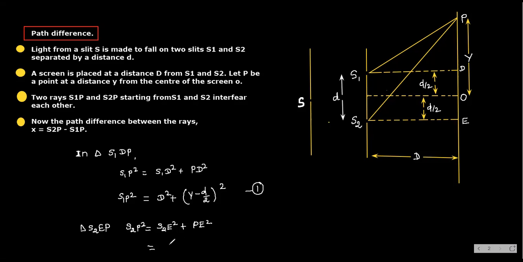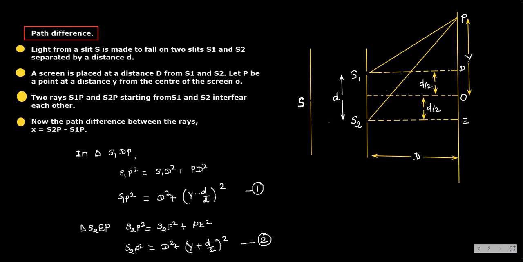So S2E is again D. So here it is capital D square plus, now this distance is y plus d by 2. So therefore what you are getting here is y plus d by 2 whole square. This is your S2P square. Call this equation number 2. Okay, understood?